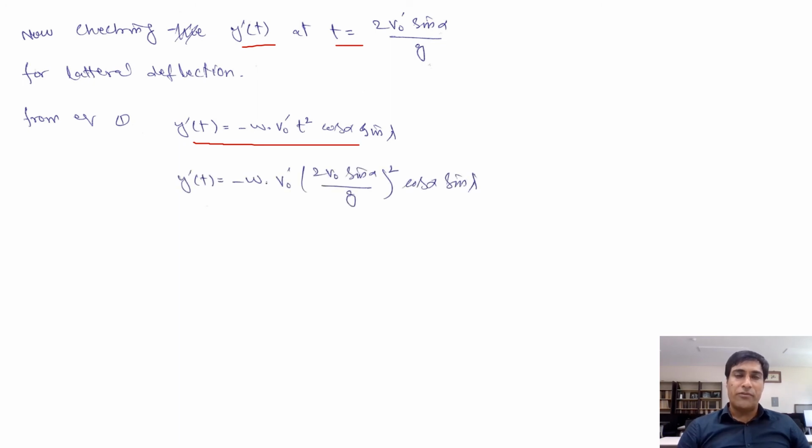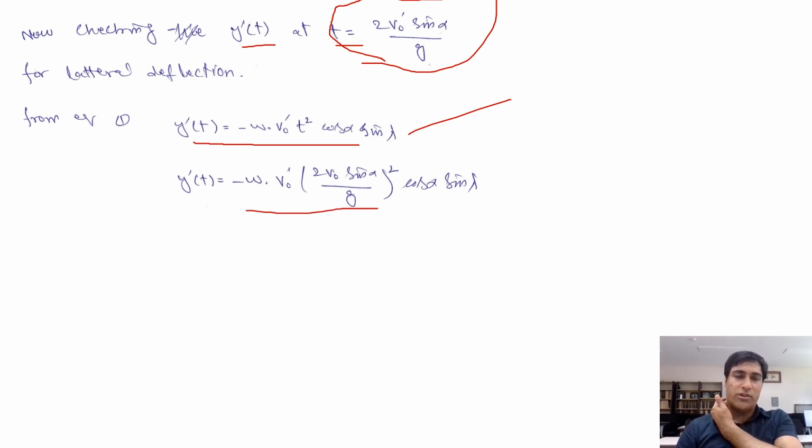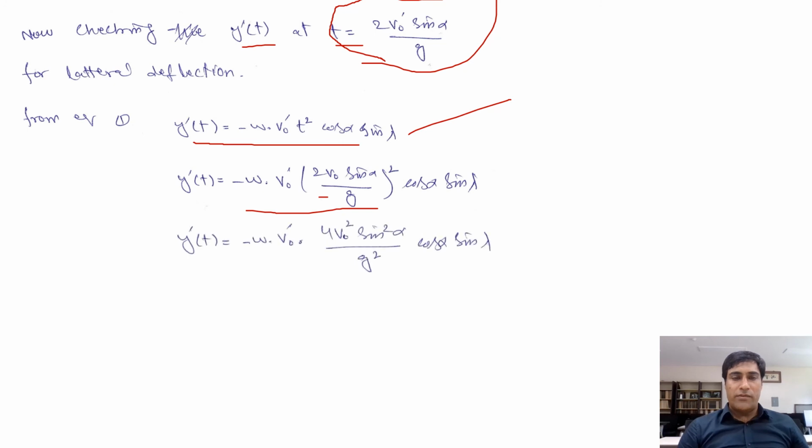We put in the value of t that we calculated, and with simplification we get y dash t equals minus omega v naught dash times 4 v naught dash square sine square alpha over g square cos alpha sine lambda.